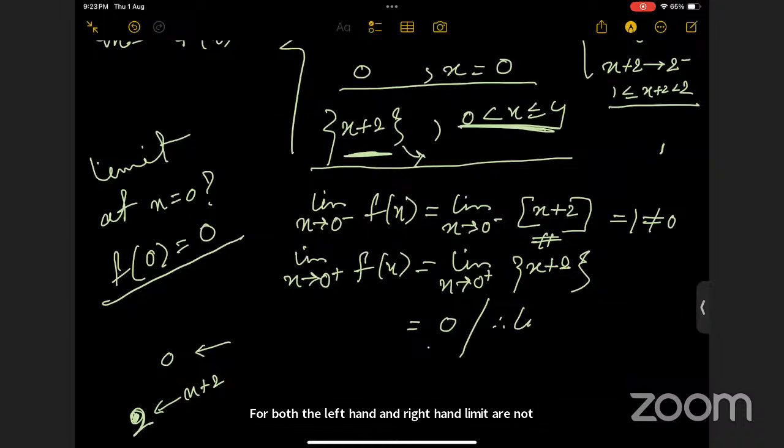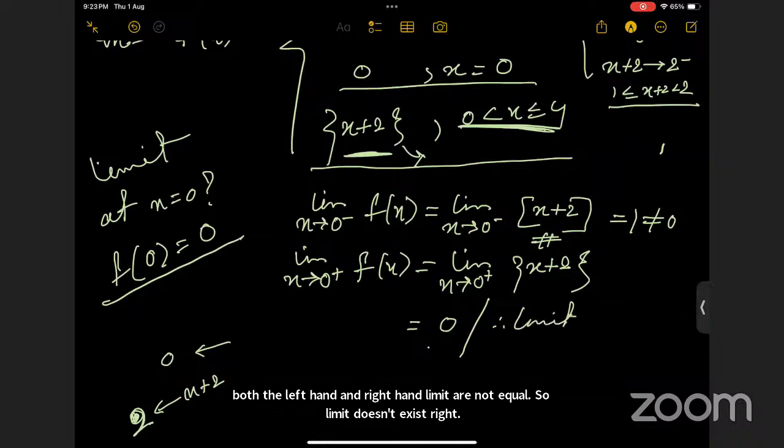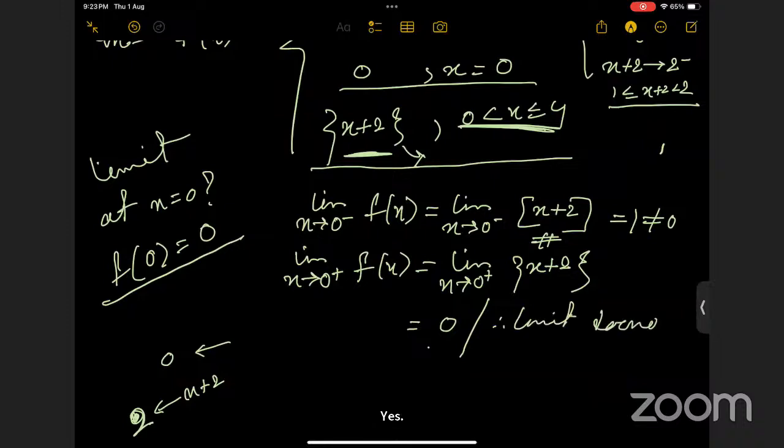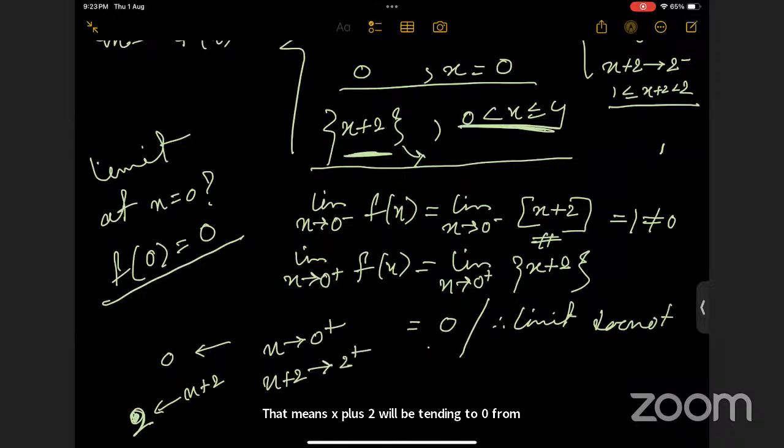Yes, ma'am. Can you explain the right hand limit again, ma'am? Yes. Here we are taking x tending to 0 from the positive side. That means x plus 2 will be tending to 2 from the positive side, right? Suppose we have this graph from 2 to 3. So x plus 2 will be tending to 2 from this side.